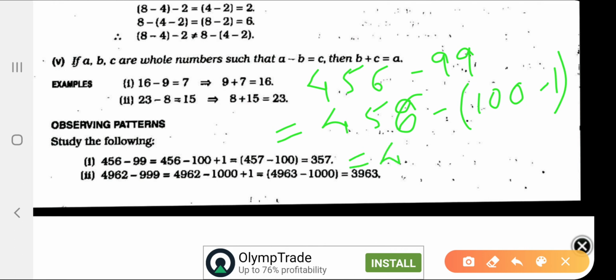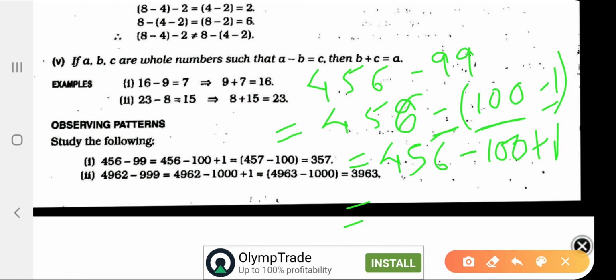Now pay attention, this is negative and this 100 is positive inside the bracket, so minus times plus is minus 100. Minus 100, and minus times minus becomes plus 1. These are the little things you have to be very focused with.